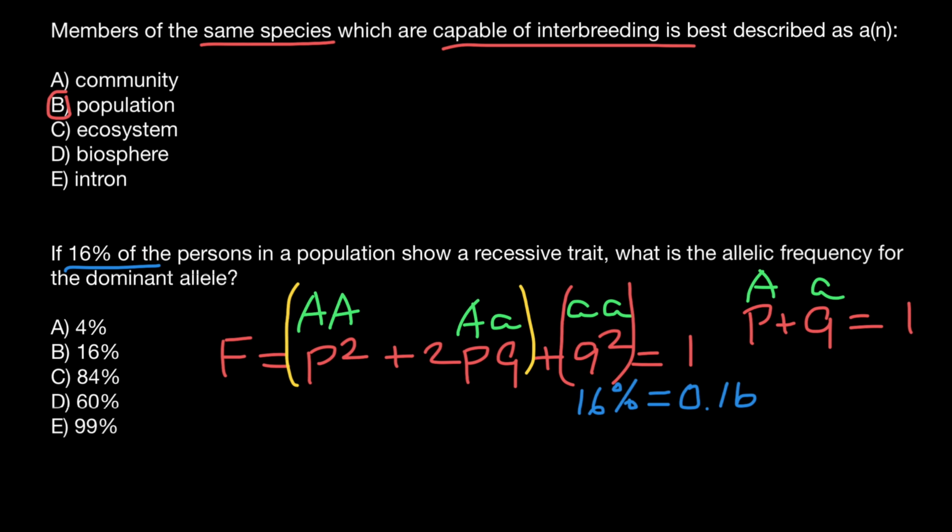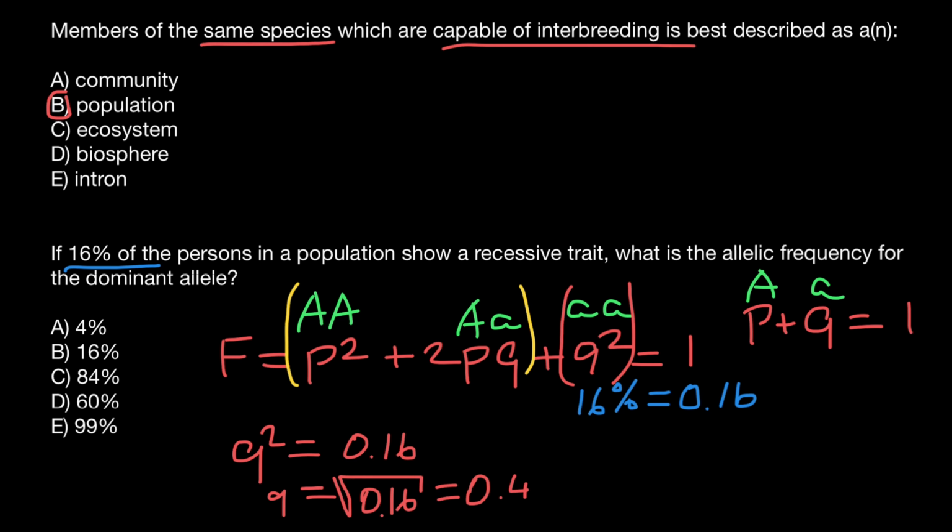If we find the frequency of the recessive allele, we would instantly know the frequency of the dominant allele. And the frequency of the recessive allele would equal the square root of Q squared. So if we know that Q squared equals 0.16, then Q would equal the square root of 0.16, which equals 0.4.